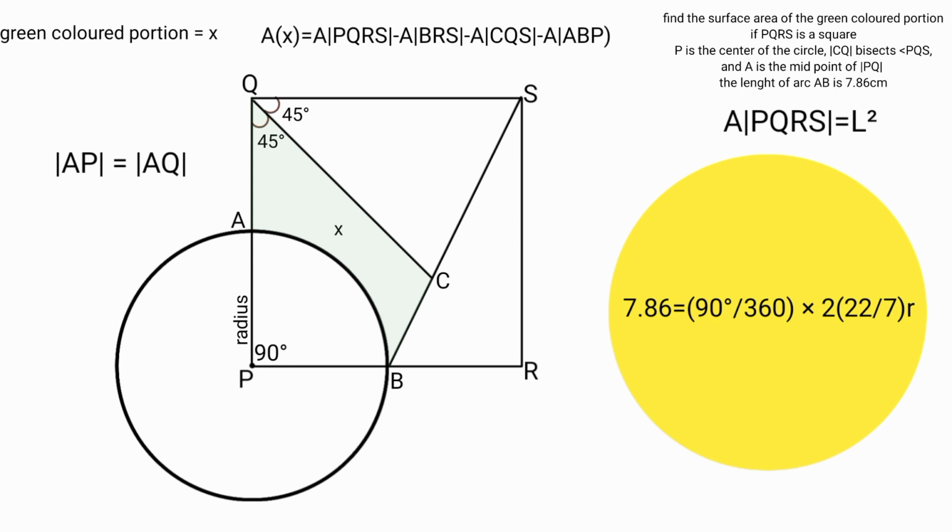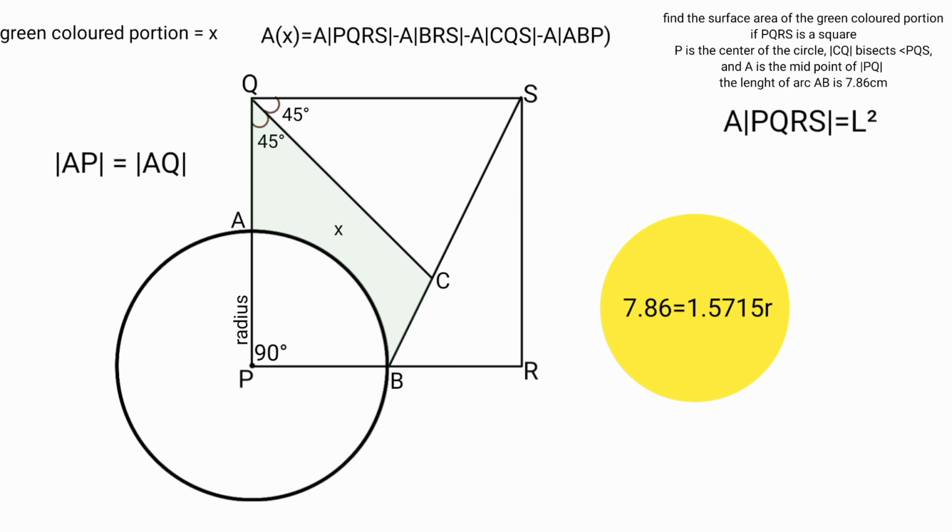90 over 360 is 0.25. 22 over 7 is 3.143. So 7.86 equals 0.25 times 2 times 3.143 r. 0.25 times 2 times 3.143 times r equals 1.5715 r. So 7.86 equals 1.5715 r. Making r the subject, we divide both sides by 1.5715.